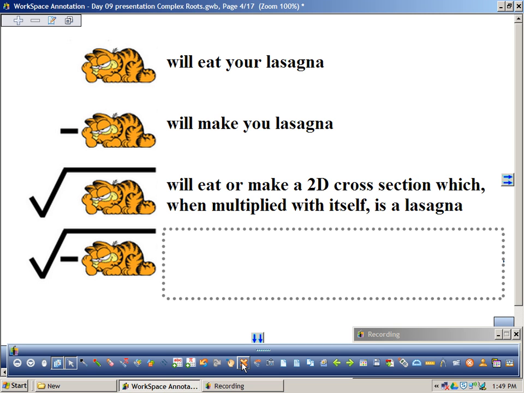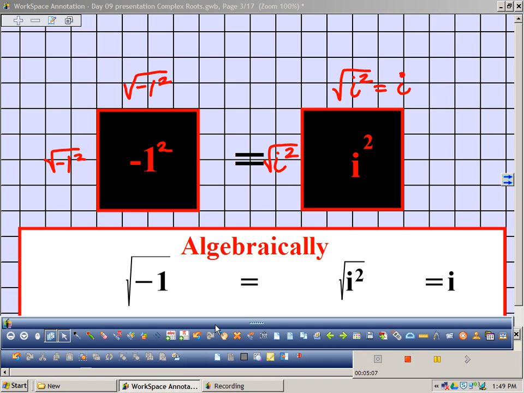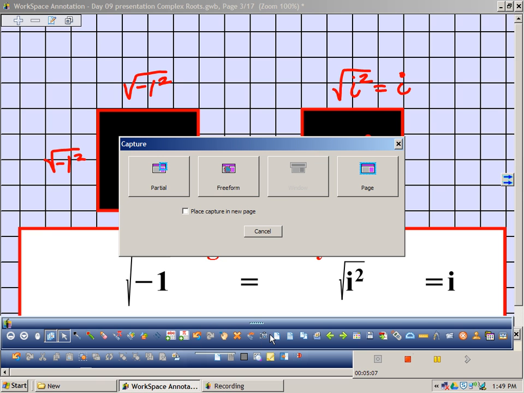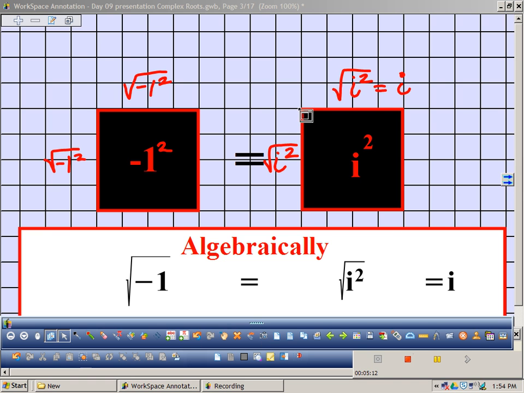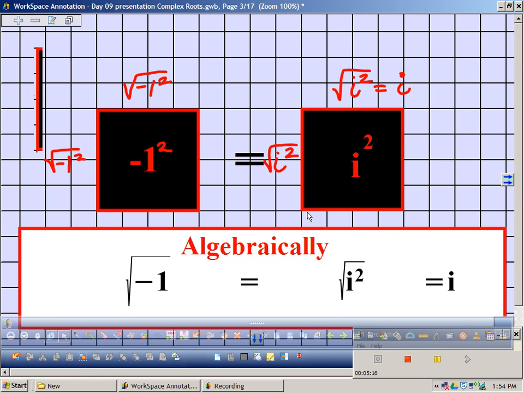Let me explain. Isn't this 2D, two-dimensional? And if I take a cross-section, that means taking a slice of something. So if I take a slice of it, a cross-section of it, when multiplied by itself is the lasagna.